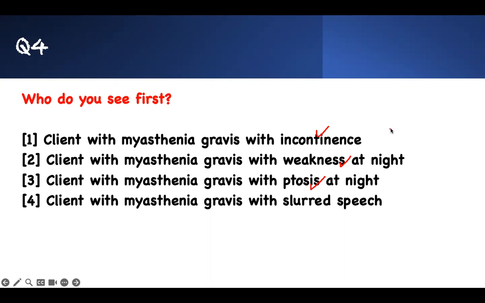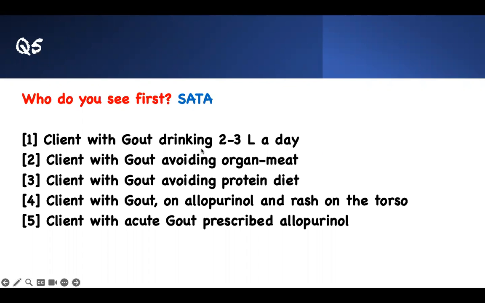When you select this, it tells me you are very sharp because you know that you're taking care of a breathing problem, electrolyte, shock, hypothermia, airway, and pain. And airway is number one. And when they have slurred speech, they can talk, their speech is affected, they can swallow. Yes, that's a priority.